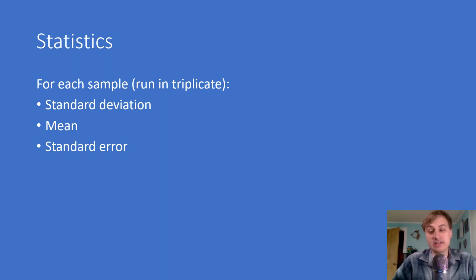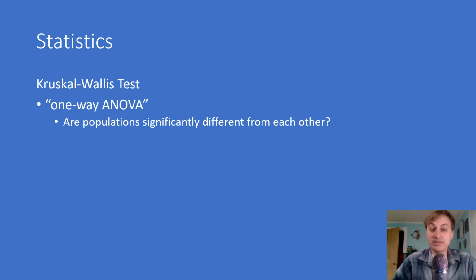Now they ran another statistic, and it's not the Kruskal-Wallis, but I do need to tell you what the Kruskal-Wallis is first to tell you what this other statistic is. So if you've never heard of it, the Kruskal-Wallis is also called the one-way ANOVA, which basically tells you, are these samples significantly different from each other, or are they all from the same population?